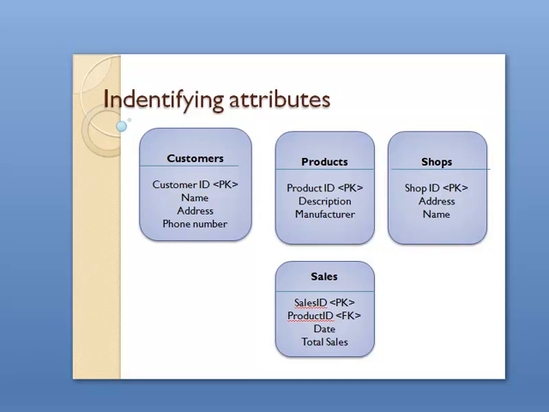In that case, the attribute will be indicated with a PF, P for primary, F for foreign, against its name. This is usually the case with link entities. And in the next tutorial, we're going to investigate link entities.